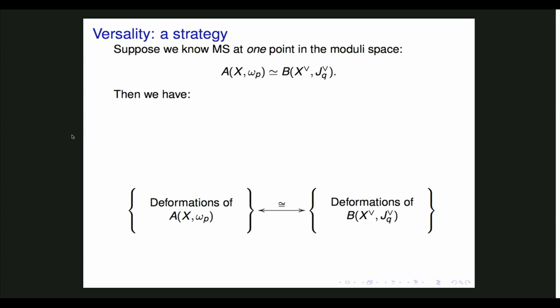So we've got one point in here and one point in here, and we've matched up the invariants lying over those points. If we've matched up those invariants, whatever they are, Hodge structures or categories, it means that the space of all deformations of these invariants also match up, because they're the same thing.